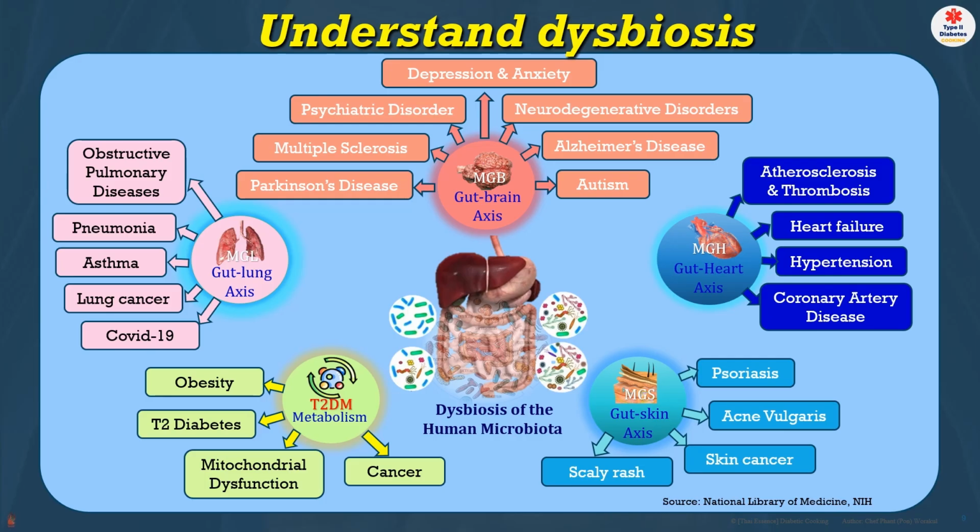Okay. Since we know how ketone works and functions, now you have to understand dysbiosis. They talk about the gut-brain axis. Everything is an axis: the heart, the brain, the lung, and the gut-skin axis. And then you have another one, metabolism.